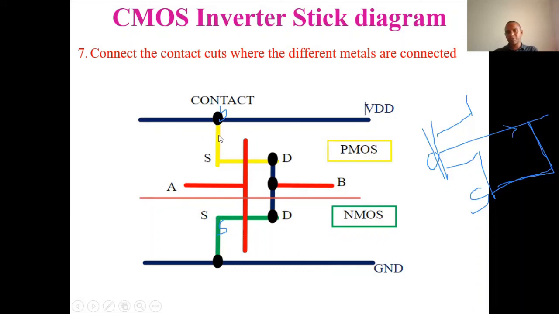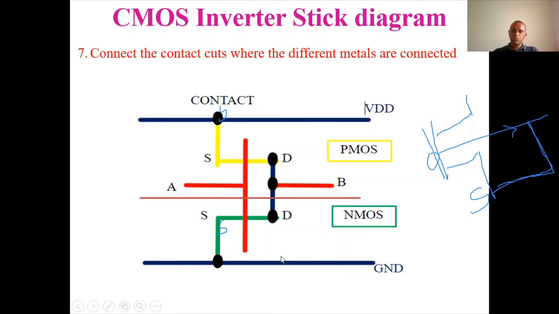The source of PMOS is connected to VDD, and the source of NMOS is connected to the ground. So the substrate of the PMOS is connected to VDD, and the substrate of NMOS is also connected to the ground. That is what it means for the source and substrate to be shorted.